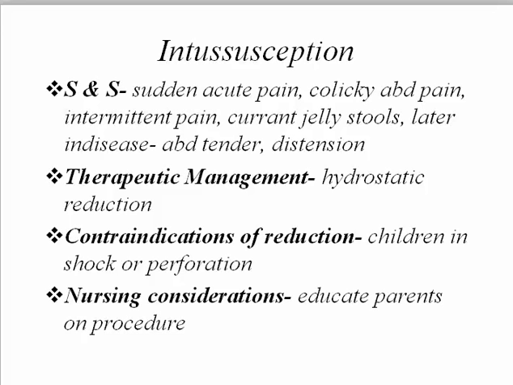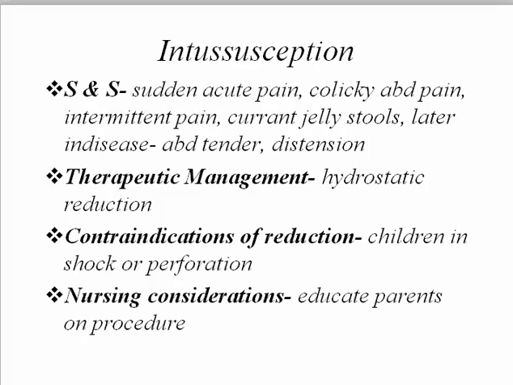So some nursing considerations are: if a child presents with severe colicky abdominal pain with vomiting and has currant jelly-like stools, this is considered a significant sign of intussusception. So the nurse should educate the caregivers on the non-surgical correction of intussusception.